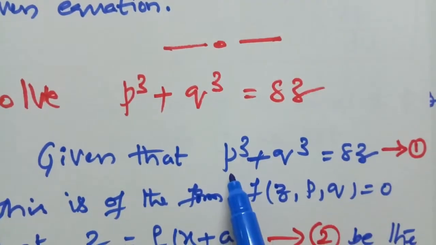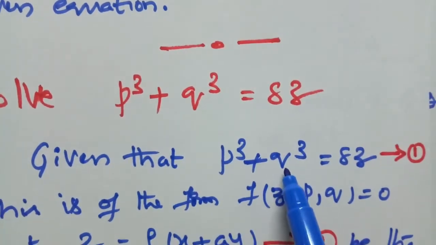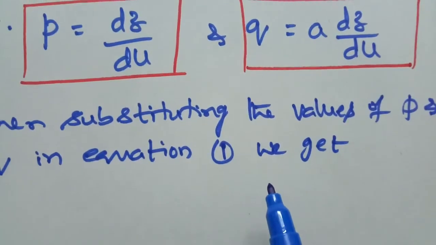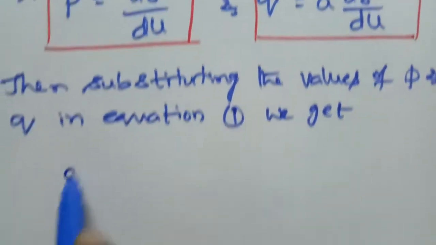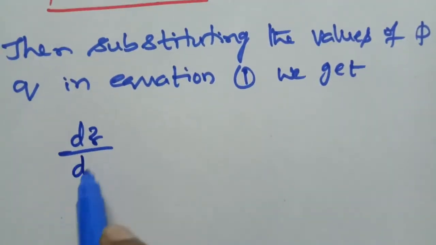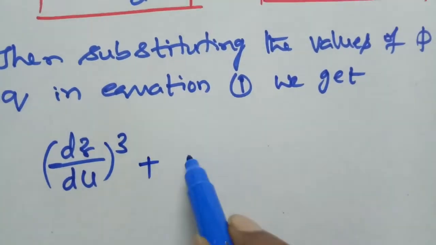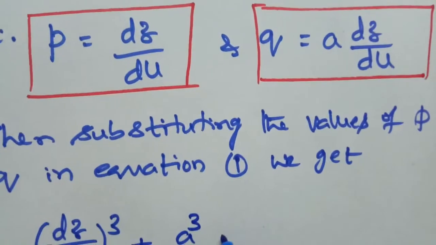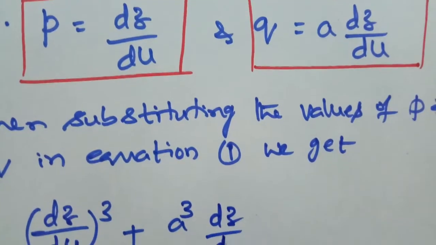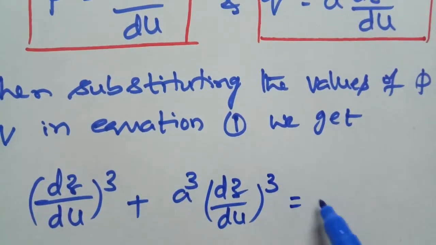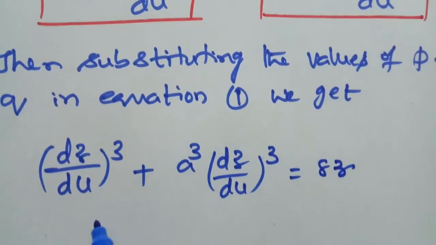P means dz by du whole cube, and q is a into dz by du whole cube. So a cube into dz by du whole cube is equal to 8z.